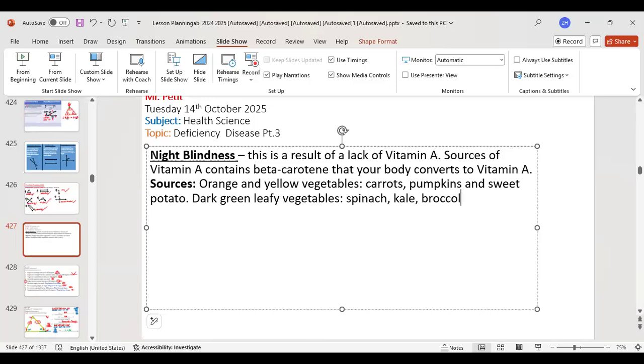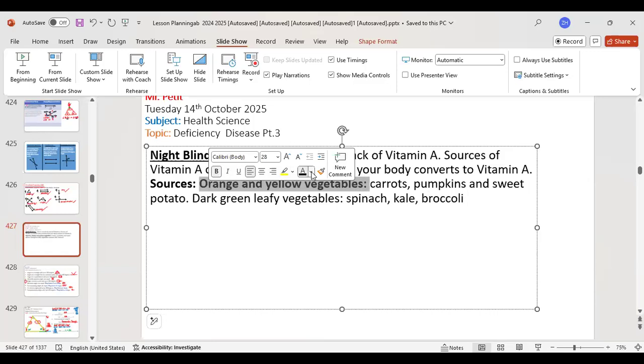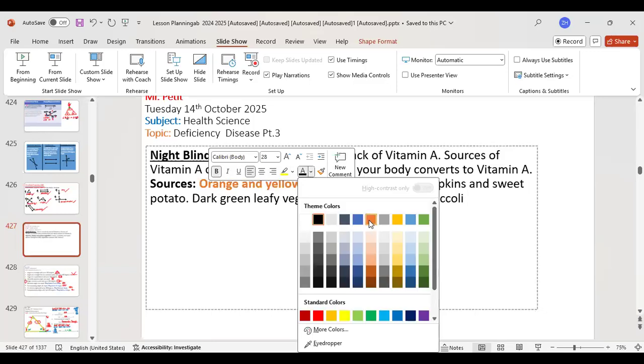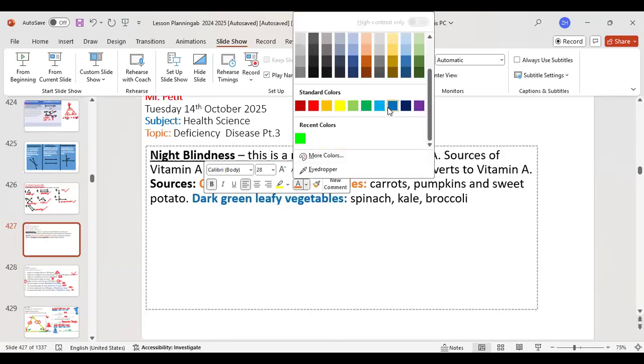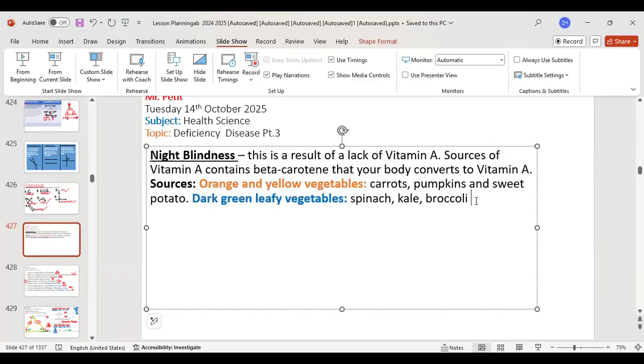Anyone like these dark green leafy vegetables? I only like broccoli. Really, with what? For salad, of course. I love salad.